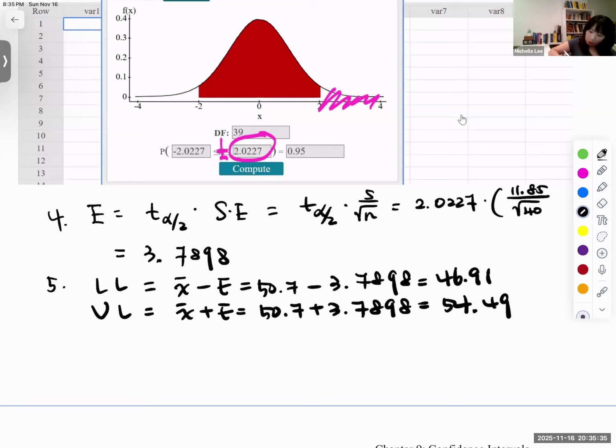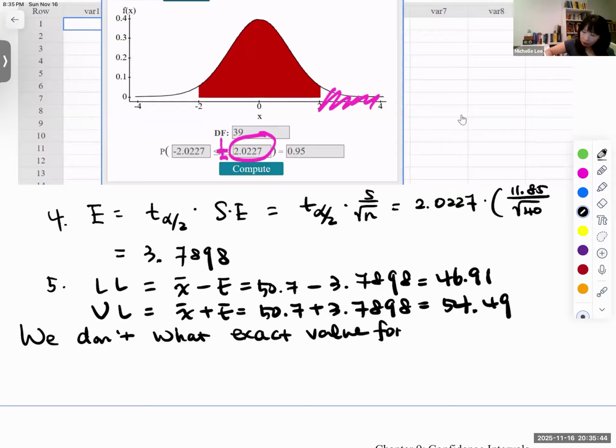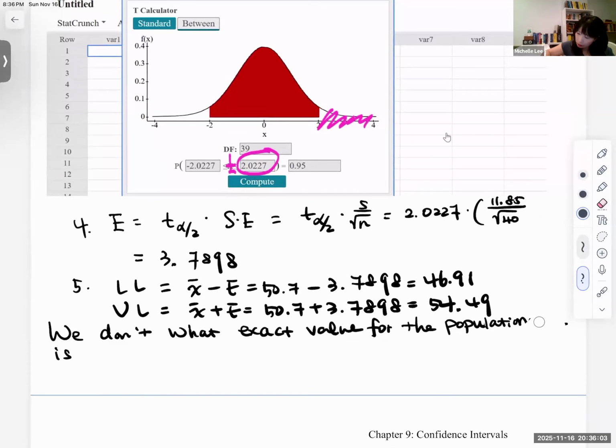Okay, so the conclusion. We don't know the exact value of the population mean, but how confident are we?